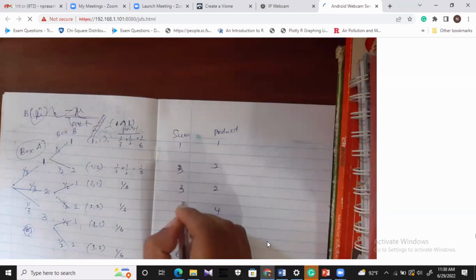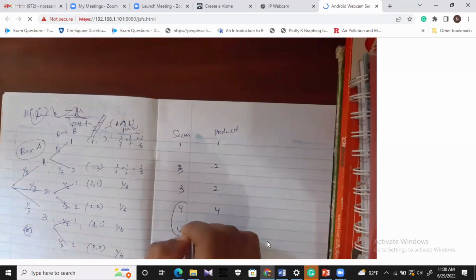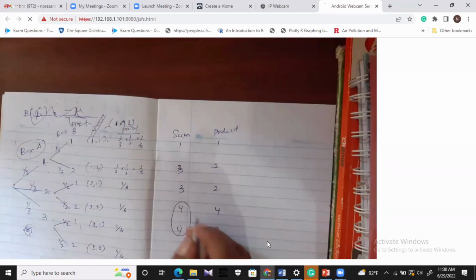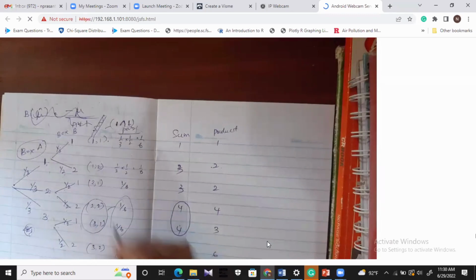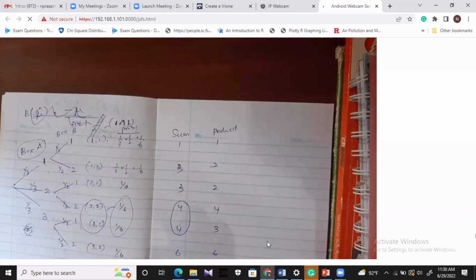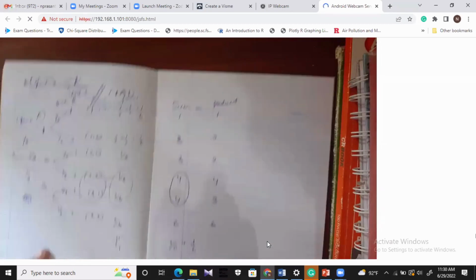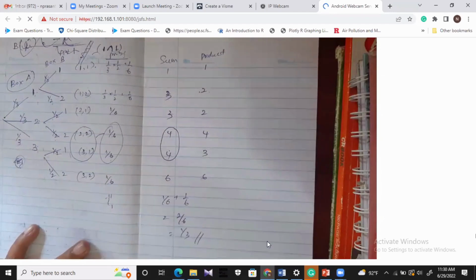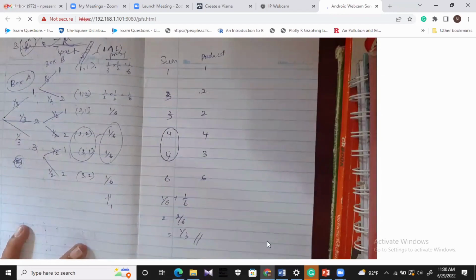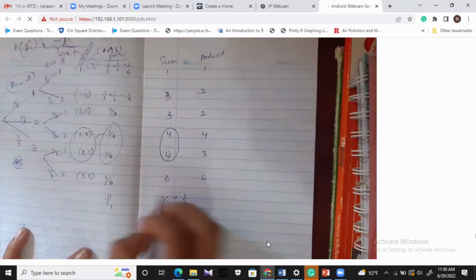Now we need to find the probability that the sum of the 2 numbers is 4. So you need to select these 2 pairs. So what are the associated probabilities? 1 over 6 plus 1 over 6. That is 2 over 6. So you can represent that probability as 1 over 3. Understand? Is that clear?